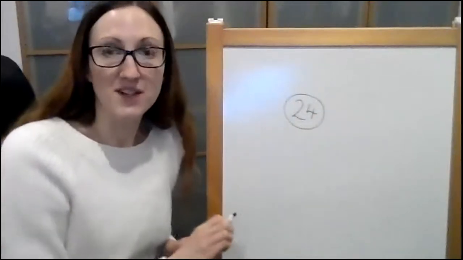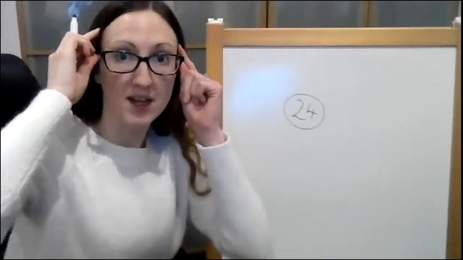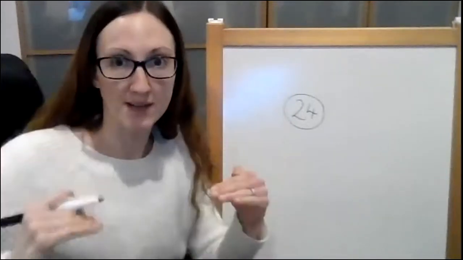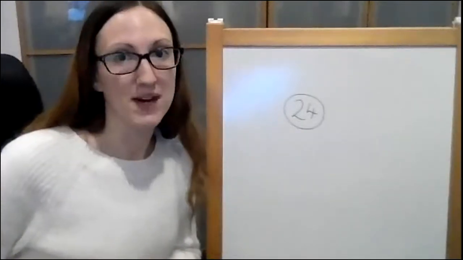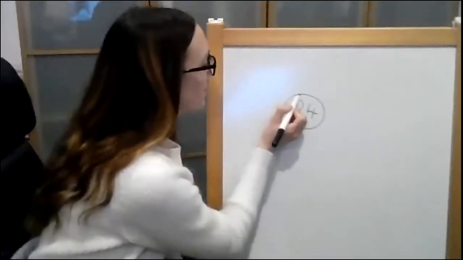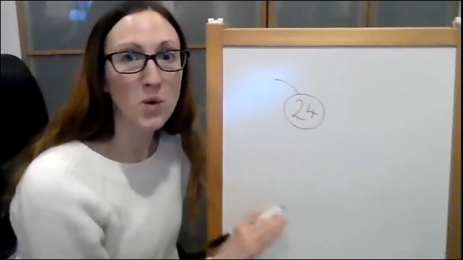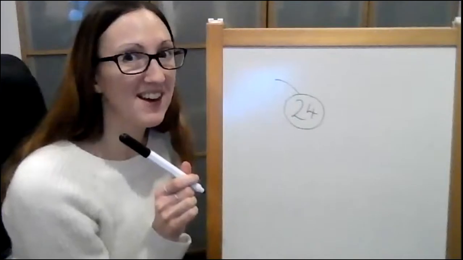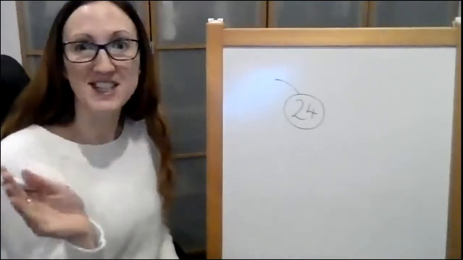Now it's really good when we're finding factor pairs to think about our times table knowledge and also to work logically, step by step, because sometimes we can miss out factors. Let's start first of all with the number that is a factor of all numbers. What is that number? Yes, of course, it's 1. 1 fits into every single number.